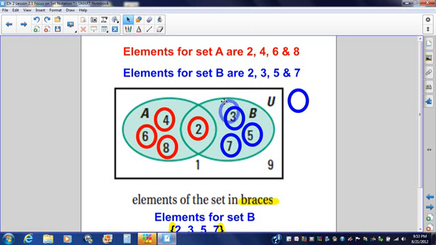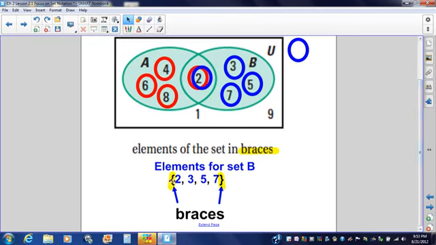And remember, it's okay to share. 2 belongs to set A and it belongs to set B. Remember, elements are the fancy word for the numbers in a set. And remember that we are going to use braces to show that 2, 3, 5, and 7 are elements or belong to set B.